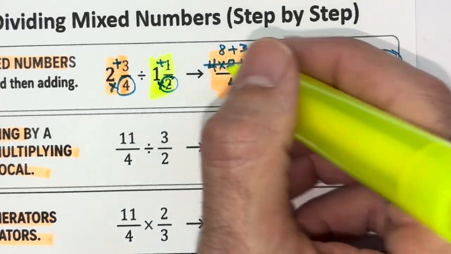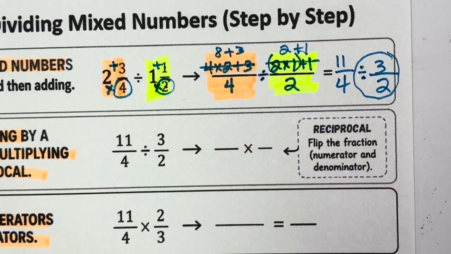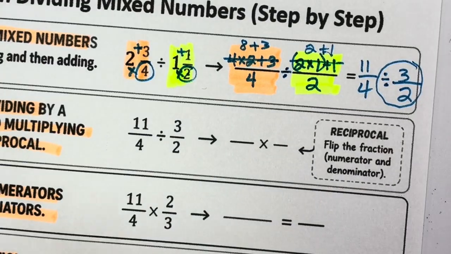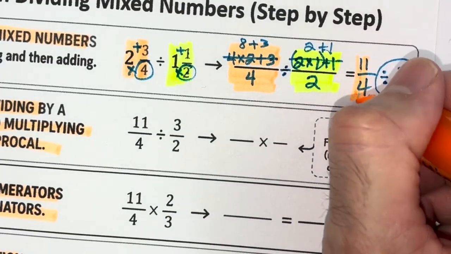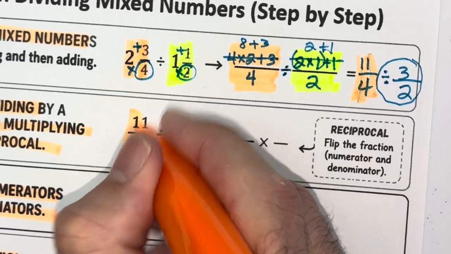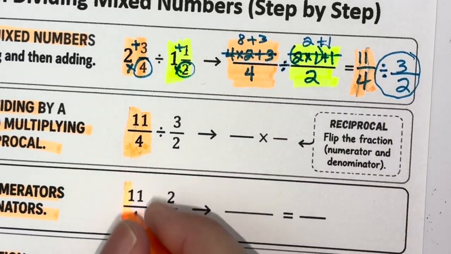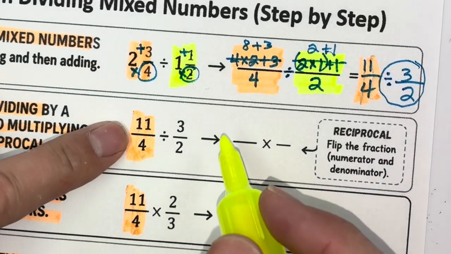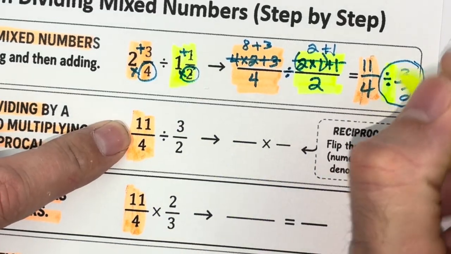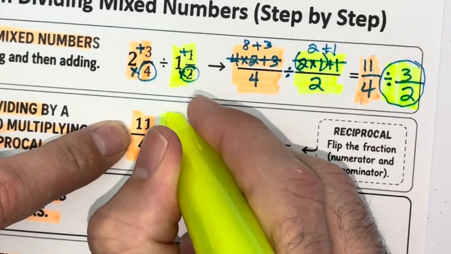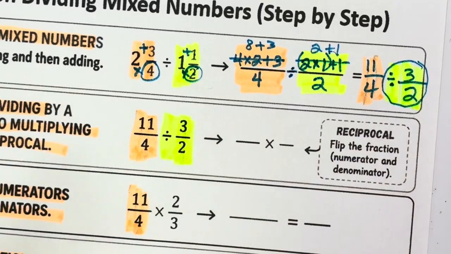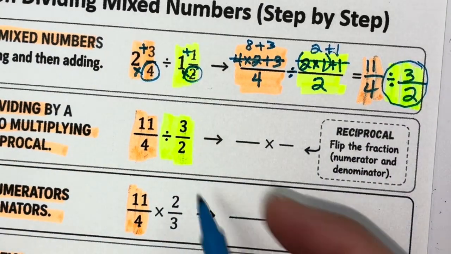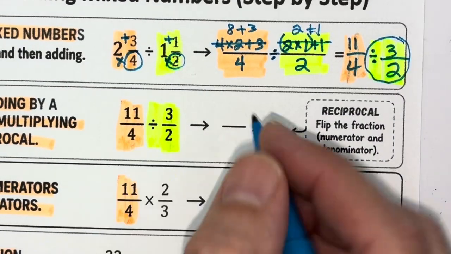So this first fraction is going to stay the same. And then this one, dividing by 3 over 2, we're going to rewrite this expression, keeping the first fraction the same.